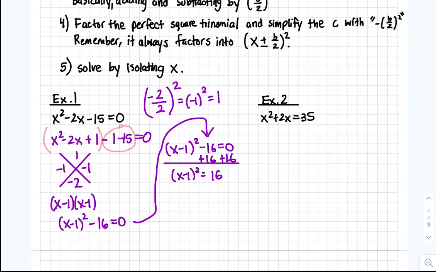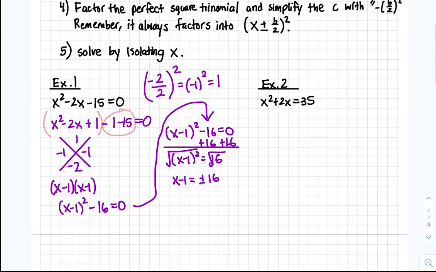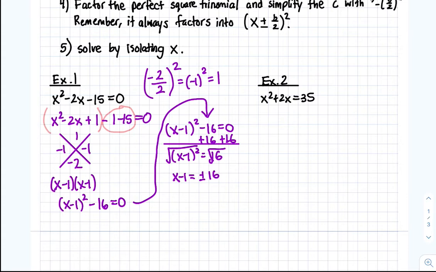And then we are going to square root both sides. Now remember, when you guys square root both sides, you are going to get plus or minus this value. So whenever you square root, remember you're going to get plus or minus 4, because the square root of 16 is 4.